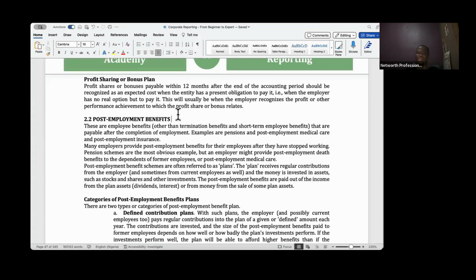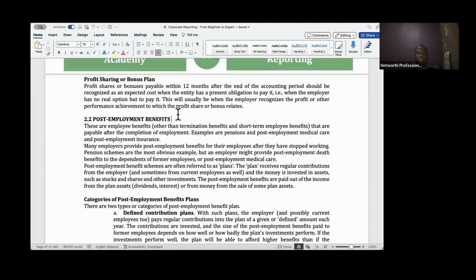Not only that, we could also have things like medical care. There are some employers that will say when you retire, we will take care of your medical care. There are some that will say if you have children still at school, we'll take care of their school fees and other benefits like that. But popularly, it is the pension.